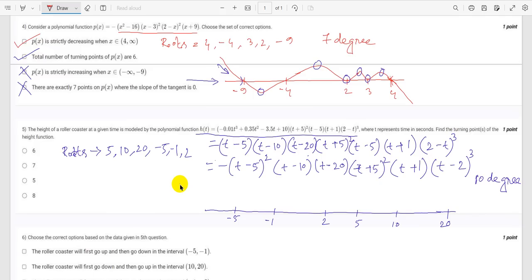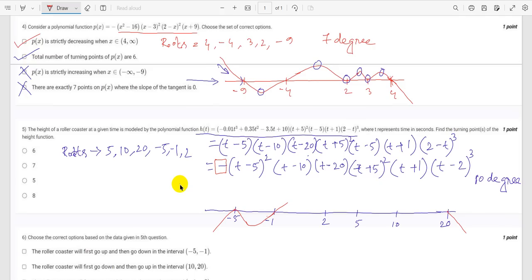is negative because of the minus sign. So the end behavior is like this. And -5 has degree squared, so it touches the point. -1, it cuts the point.